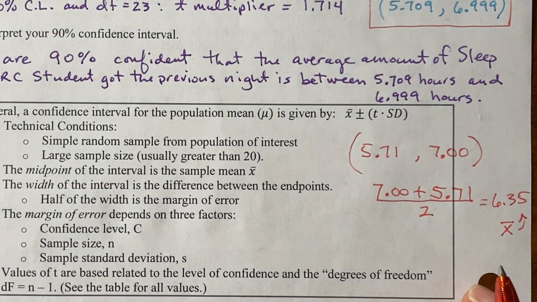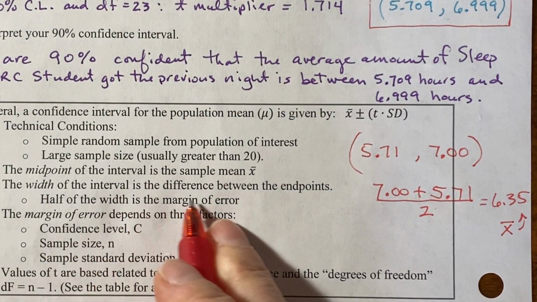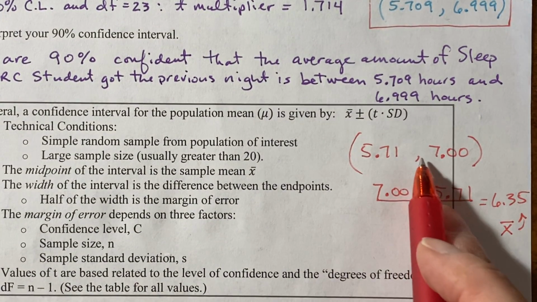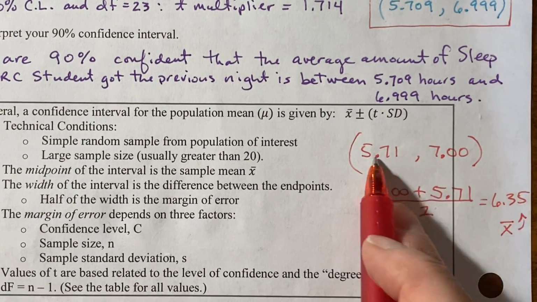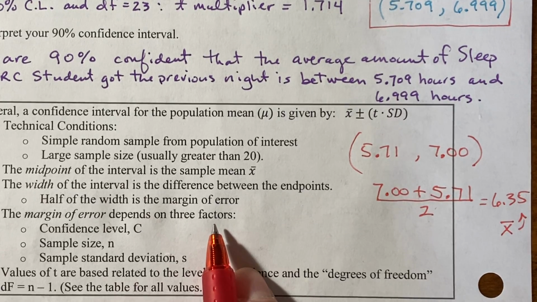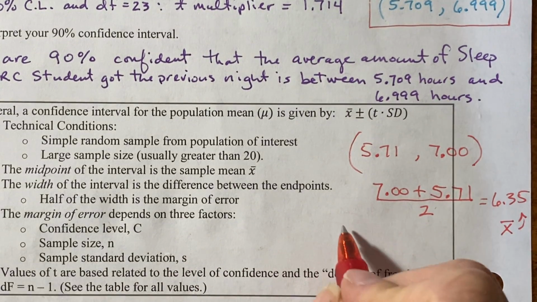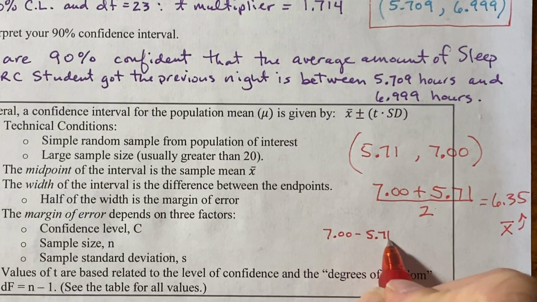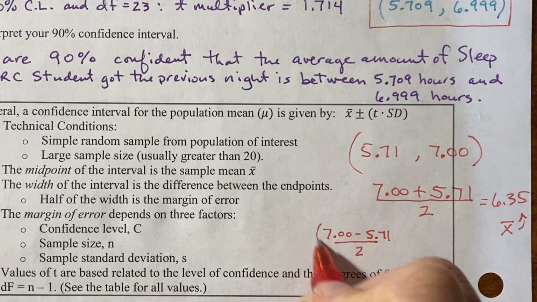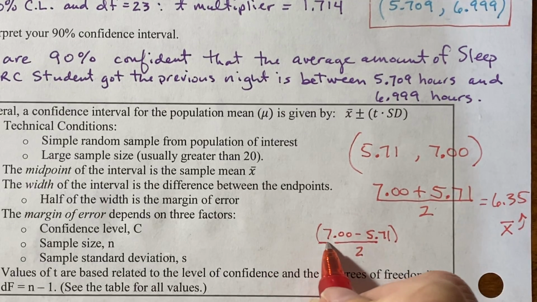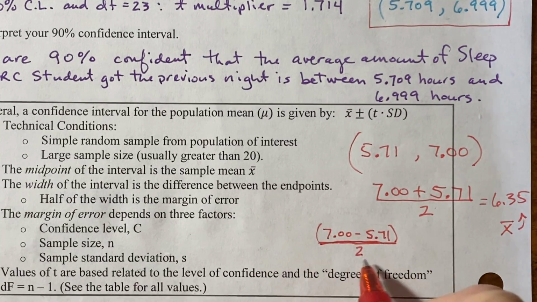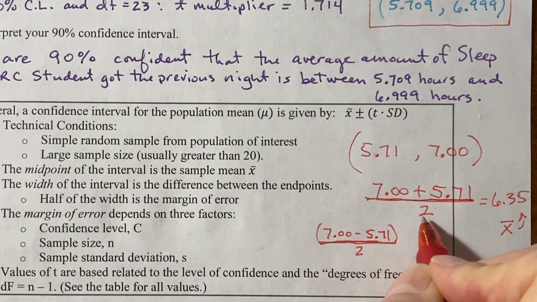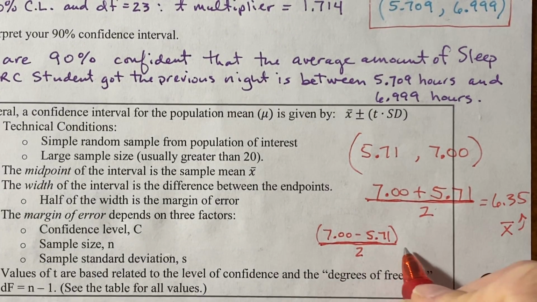Okay? You can also find the margin of error. The margin of error is half of the width of this interval. So if I found the difference and divided it by 2, the difference divided by 2, that's going to give me the margin of error. This one, when I find the average of the two, gives me my sample mean.